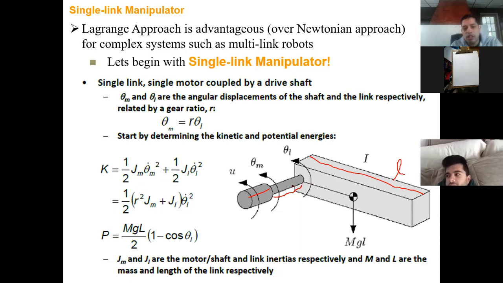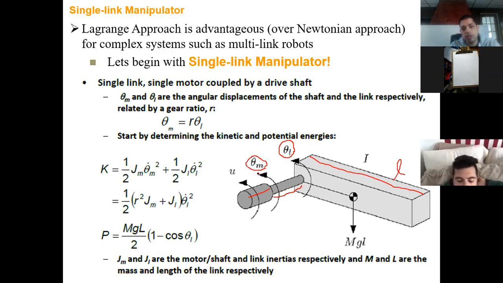Now the thing is, what is the angular displacement for the link? For the link, angular displacement is theta L. For the motor and shaft, they are both connected, so even though I call it theta M here, this includes the shaft also.